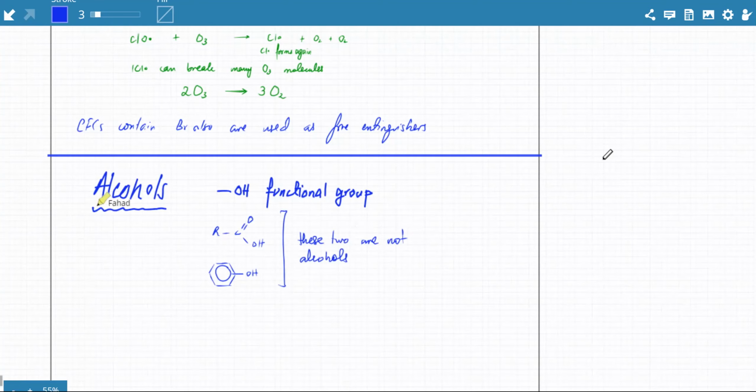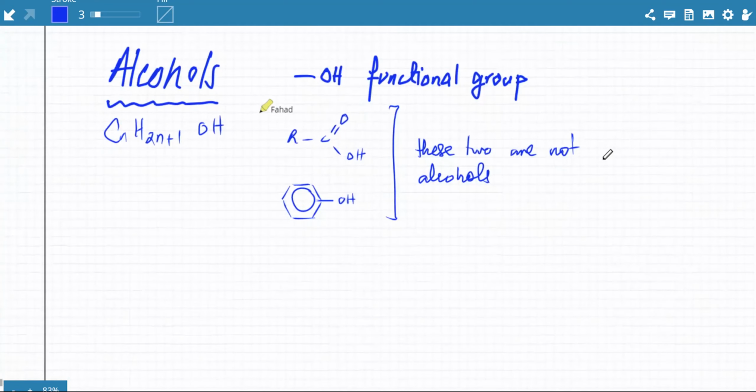Alcohols have a general formula, but most of the time the molecules will be complicated, so the general formula would not work. For simple ones it works, but for complicated ones it won't, because you could have multiple OH groups in a molecule.